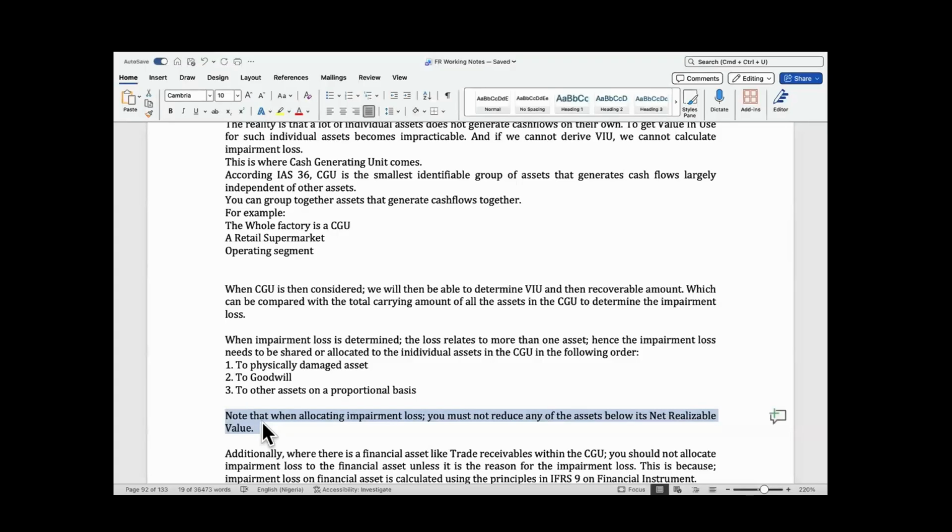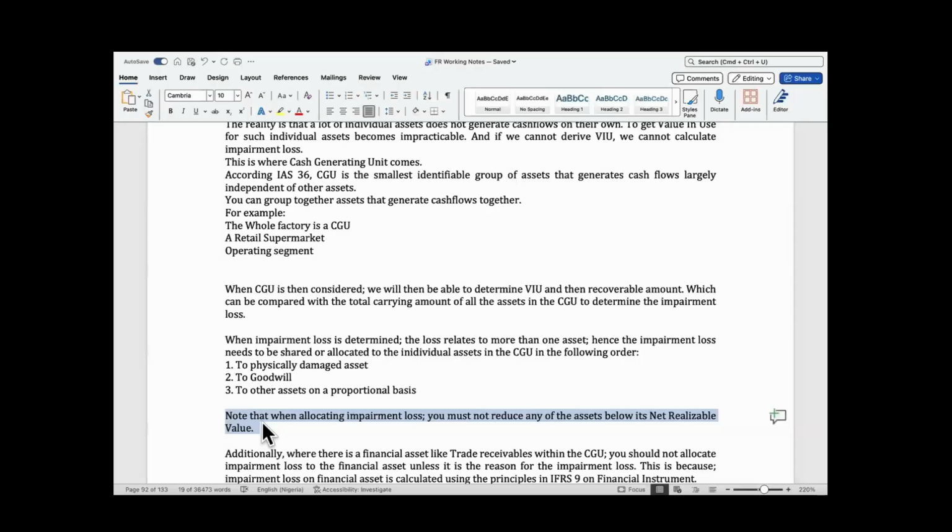The solution is based on this sentence. When you are allocating impairment loss to assets in a CGU, you must never reduce any of those assets below its net realizable value. Otherwise, you would be understating the assets in that case.